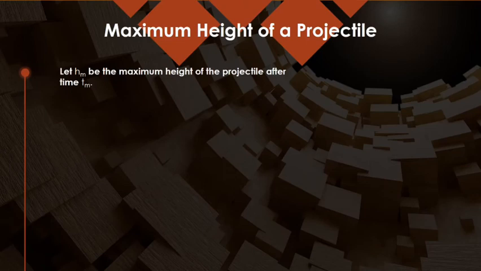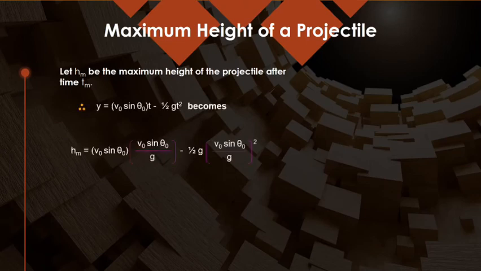I want to write the equation for the maximum height of the projectile. For this, you may use either the second equation of motion or the third equation of motion. It is your choice. When it reaches the maximum height, it means the y value equals h maximum. And this is uy, the initial velocity along the y direction, v naught sine theta naught.